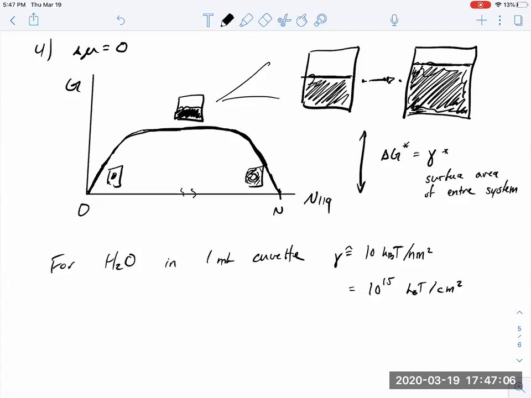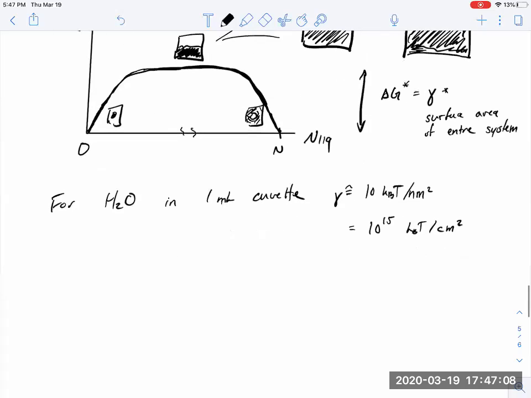So imagine now in one cuvette, I have a centimeter squared of area to form that interface over. Well, that would mean that I have 10 to the 15th kBT worth of energy that I have to overcome in order to, exactly at coexistence, go from the liquid to the vapor.